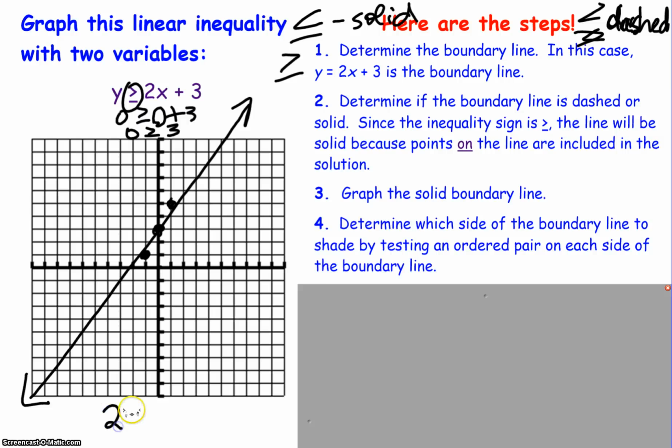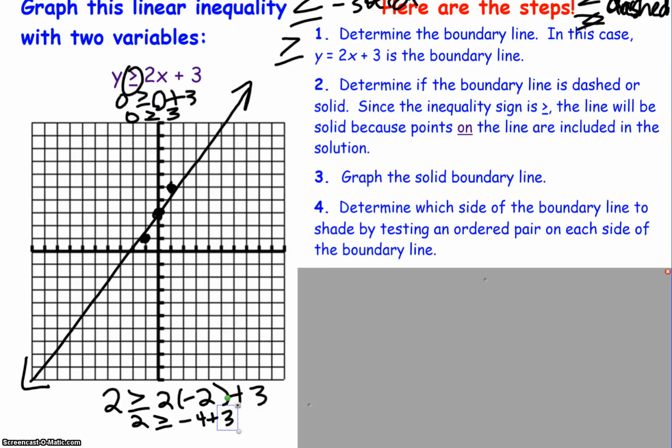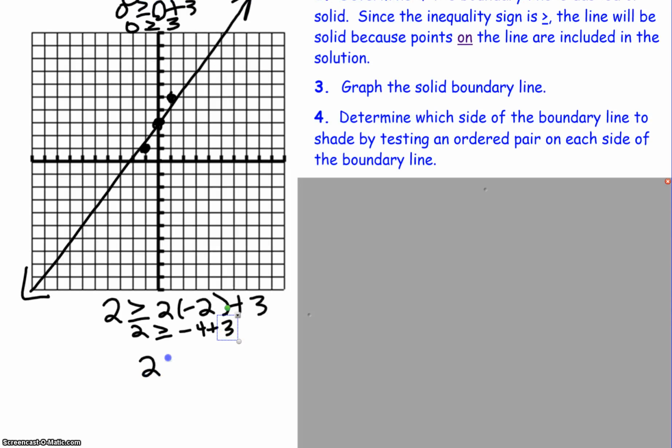So 2 is greater than or equal to 2 times negative 2 plus 3. 2 is greater than or equal to negative 4 plus 3. So 2 is greater than or equal to negative 1. Is that true? Yes. So this point works, and the (0, 0) does not, so we're going to shade above.